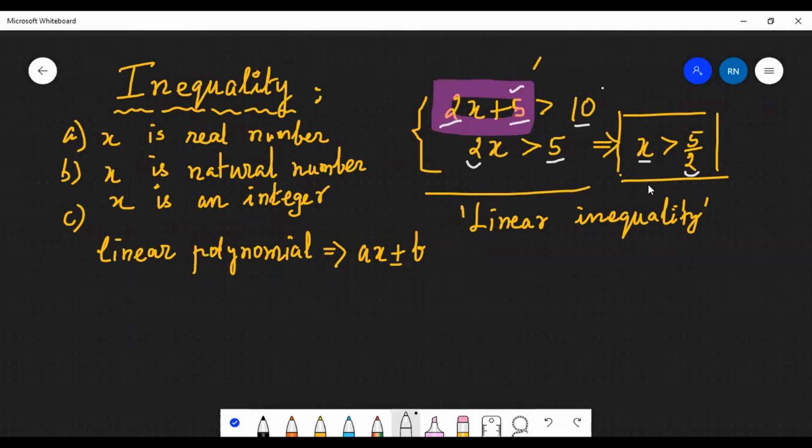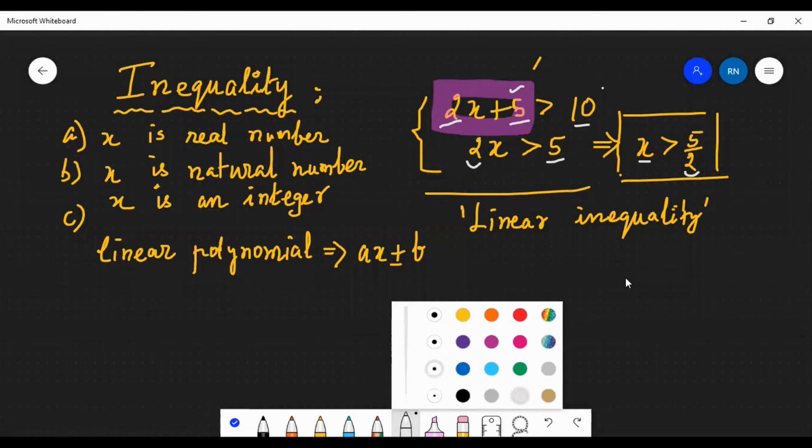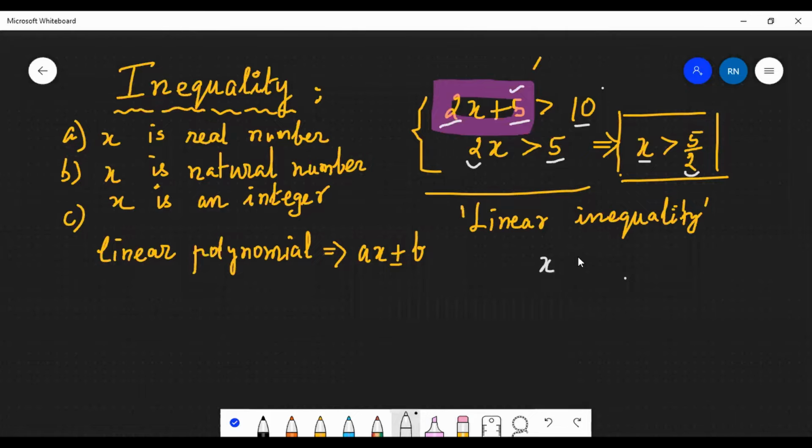But this answer will differ according to the nature of the variable x. If x is real, then I can simply leave the answer as x greater than 5 by 2. You can stop there.